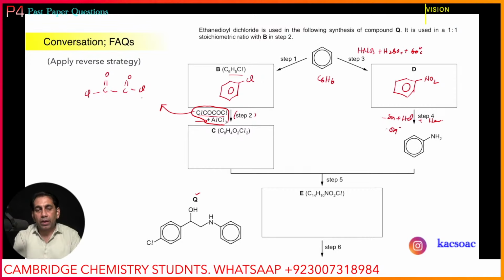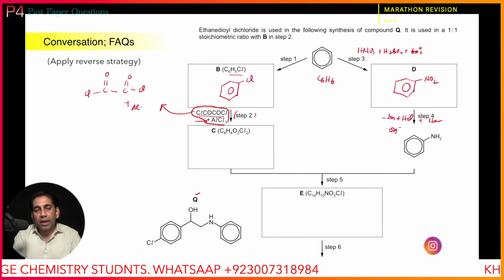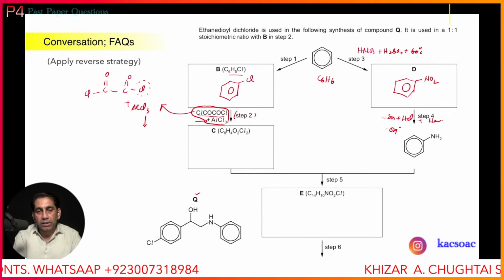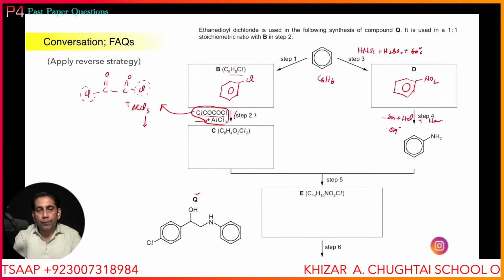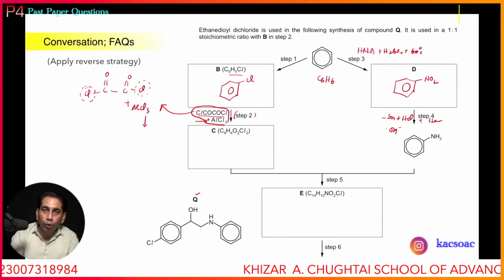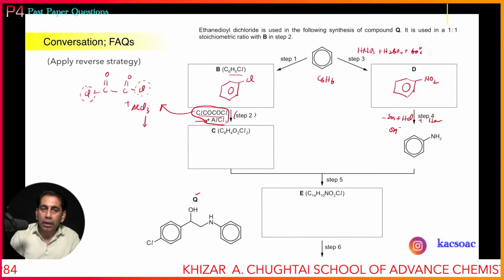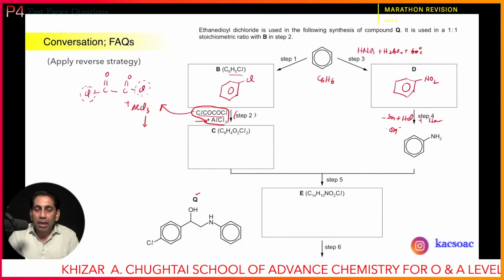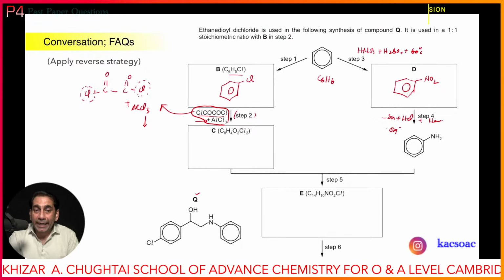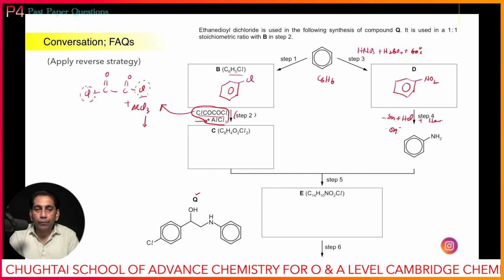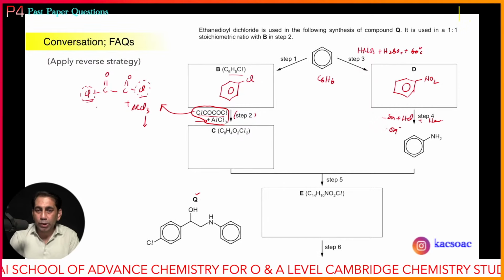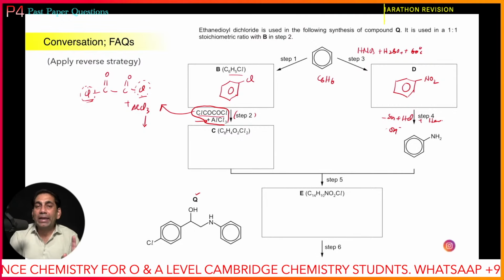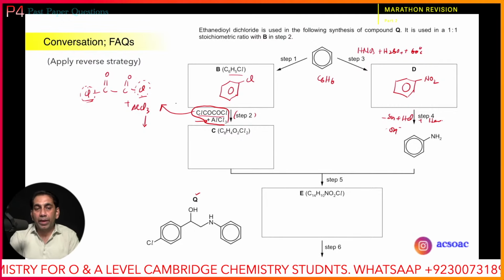If I add AlCl3 to this molecule, there is a chance of removal of one or both chlorines. Just keep in your mind, there is at least the chance of removal of one Cl from over here.